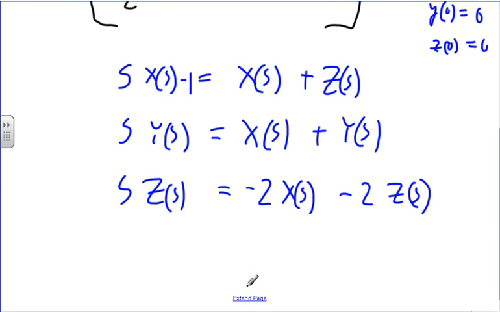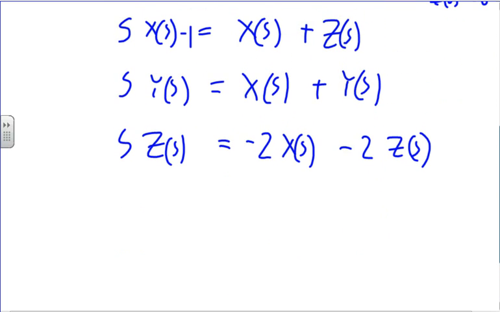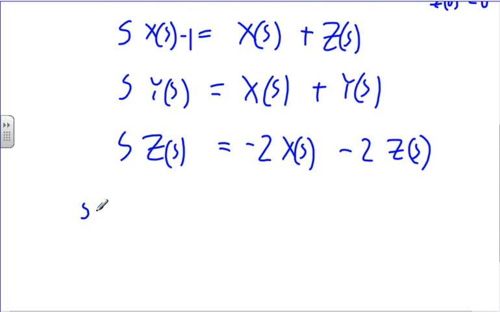So, okay, that's good. Now I'm going to write it as s minus 1 x of s minus z of s equals 1.